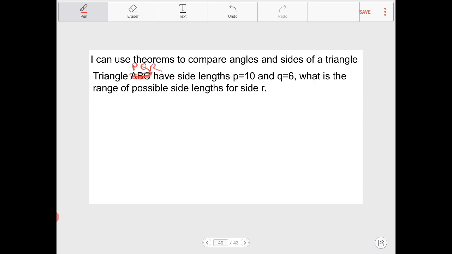Knowing the triangle inequality theorem, we now know R must be less than the sum of those two, which is 16, but greater than the difference. Do you see how we can write it as 10 minus 6, or 6 minus 10? The absolute value of this is the same as this. So again, R is less than 16 but greater than 4.